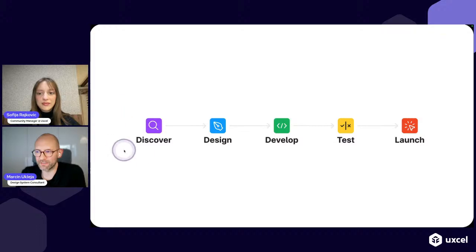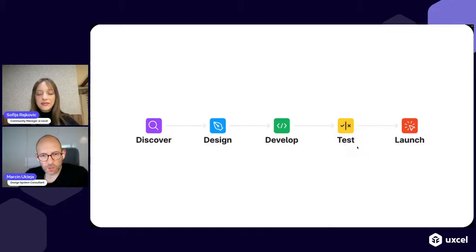So we have a discover phase, then the design stage, which is the phase where we are most present. But of course, we then need to hand our designs to developers. And there's a usual stage of testing, and then we are ready for launch.